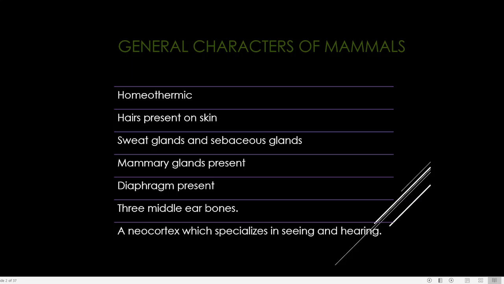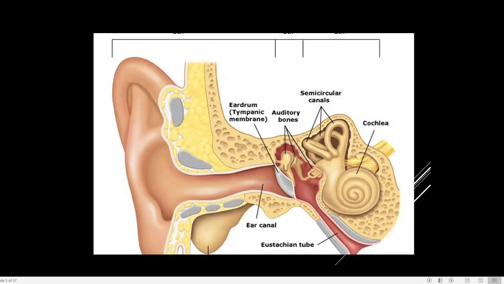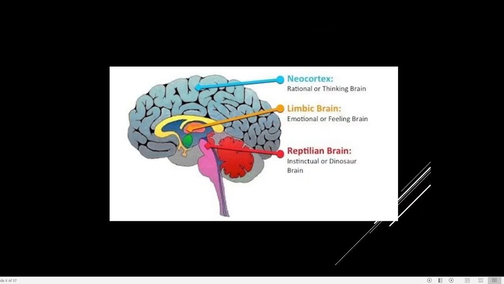Now we have one more structure, that is neocortex. The advantage of neocortex is that it is an area of high intelligence. It is specializing in seeing as well as hearing. Here also you can see, this is the neocortex. The top region of the brain is known as the cortical region, and most of our intelligence is controlled by the neurons present in the upper part of our brain.